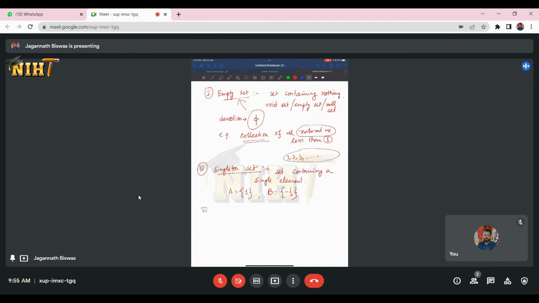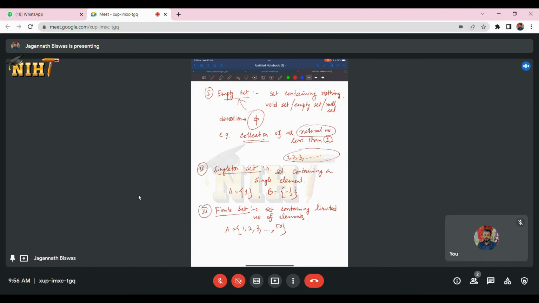Okay, number 3 is finite set. What is a finite set? A finite set means the set which contains a limited number of elements. For example, if A is a set like 1, 2, 3, 4, up to 50, there are 50 elements in there.